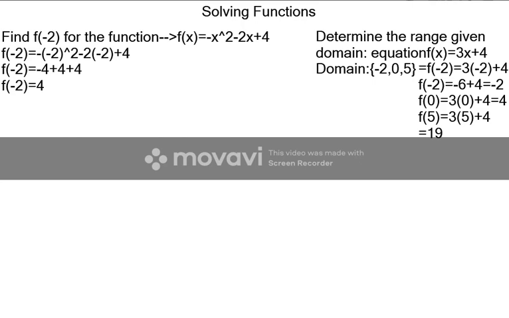Then you can have it in a table, where you have your x values on the left and the y values on the right, and see if that's a function. And lastly, you can have a mapping, where you have a big circle that looks kind of like a Venn diagram but not connected, and you match the numbers with their corresponding y values, and check if it's a function.